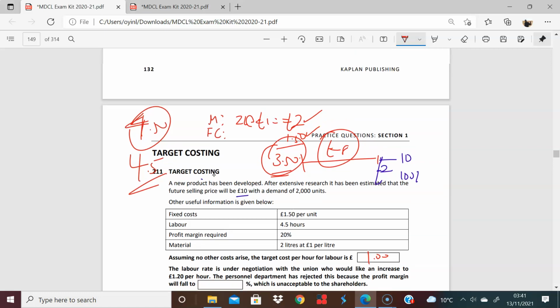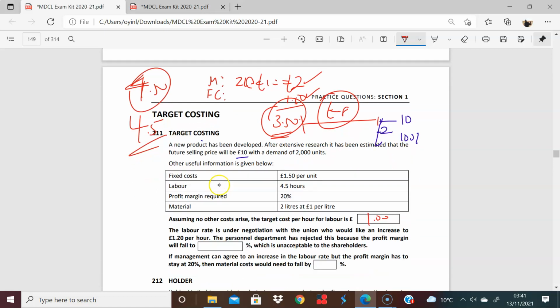So let's see what happens if you increase this to £1.20 an hour, and that's 4.5 hours. You will have a new cost of 4.5 times 1.2, which is 5.4. So instead of £4.50, you will have a scenario of £5.40. So that's an extra 90p to your costs.